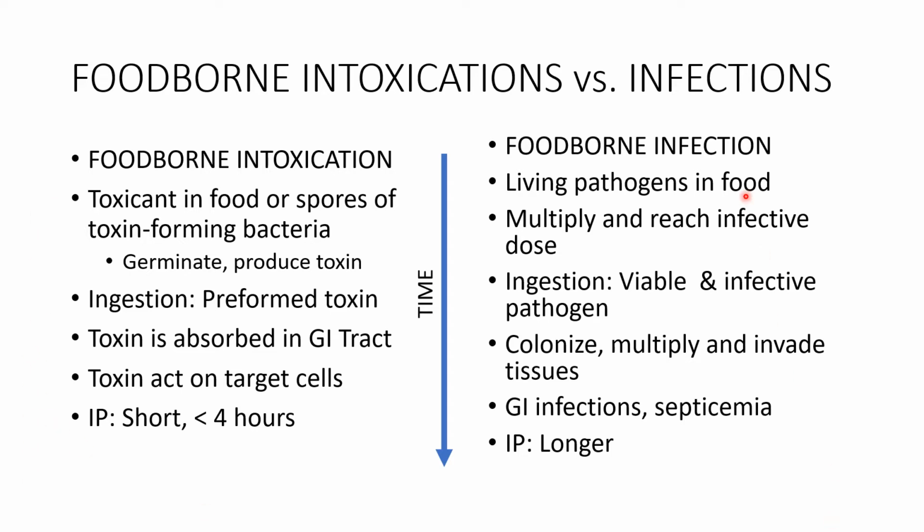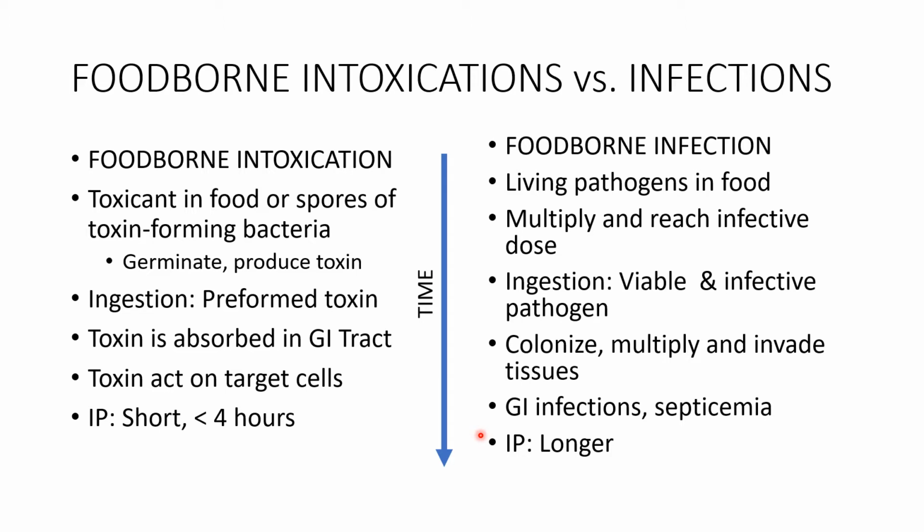In contrast, foodborne infections naman are, of course, infections, so they are due to living pathogens in food, wherein they multiply and reach the infective dose in the food. Then we ingest the viable, infective pathogen itself, not just the toxin, but rather the pathogen that is causing the infection. So they colonize, multiply, and invade tissues, and of course cause a myriad of pathologies.